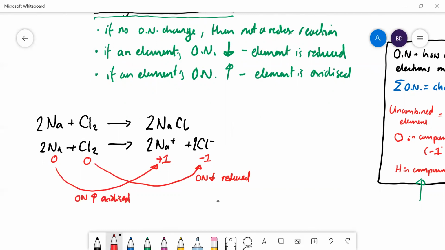Well, let's just do what we did with the other one. Let's say what sodium is acting as here. Well, sodium's giving away electrons, so it is an oxidizing agent. Sorry, the sodium isn't the oxidizing agent. Rubbish. It's the reducing agent.